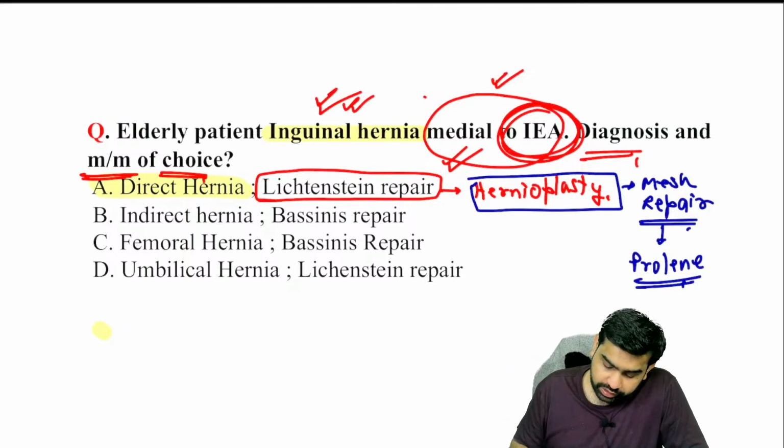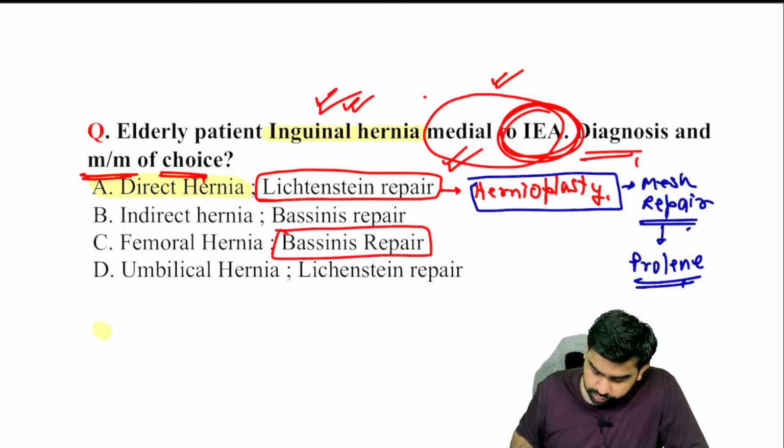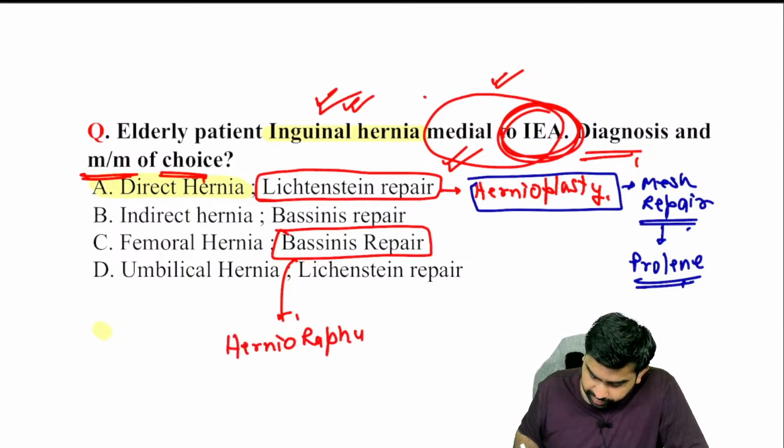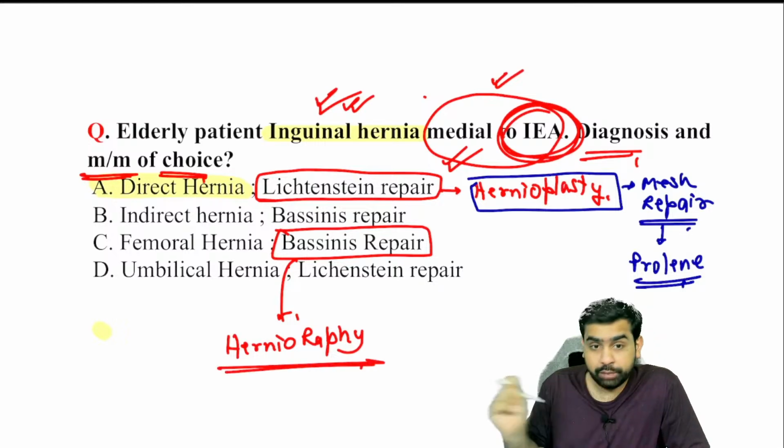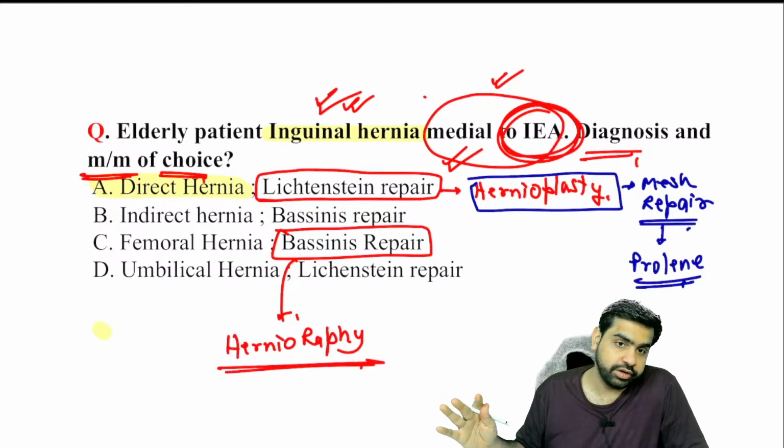What is this Bassini's repair? Bassini's repair is what is called a herniorrhaphy. Herniorrhaphy means that with the help of a suture, you are repairing the hernia. In herniorrhaphy, you do not use the mesh.